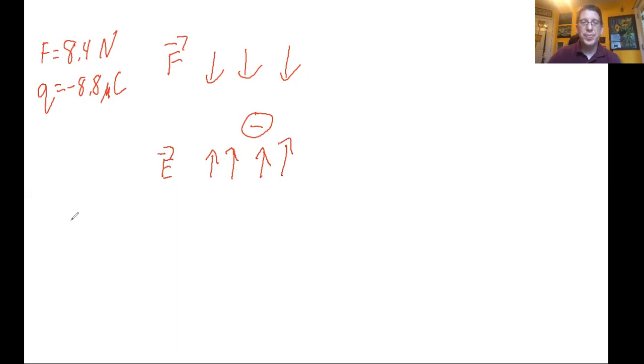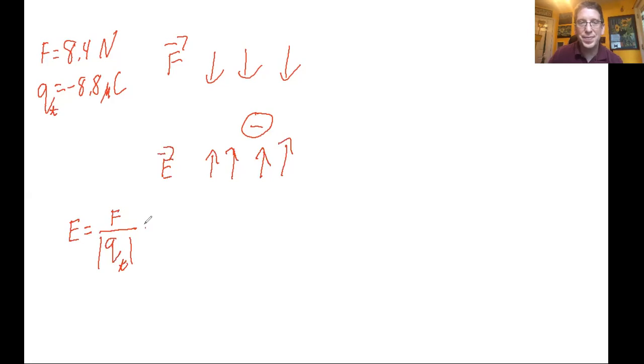And then we're asked for the magnitude. So the magnitude of the electric field vector is equal to the magnitude of the electric force divided by the magnitude of the test charge. So to figure out the magnitude of the electric field vector, you don't need to be concerned with positives and negatives.